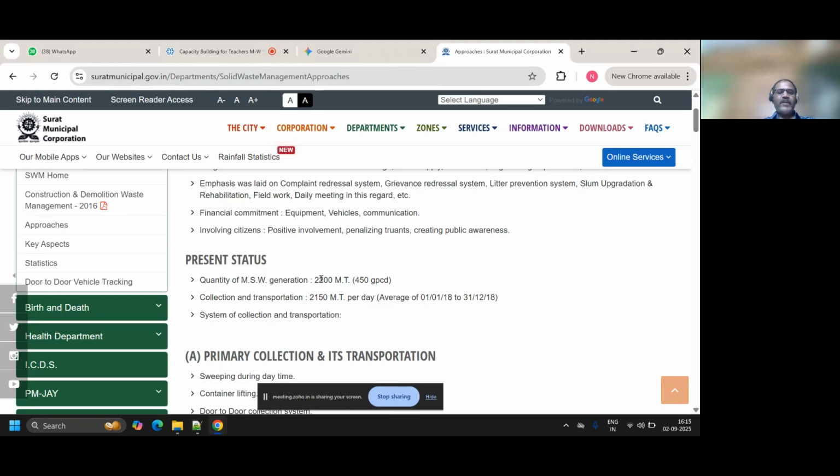Almost every day, 2,200 metric tons is generated as waste by the entire city, of which 2150 is transported.